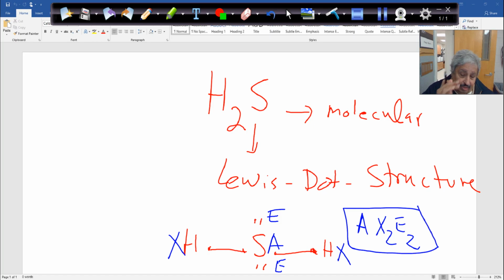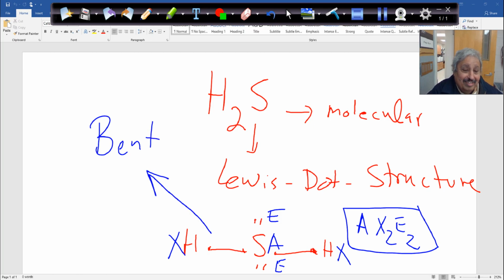So 2 X's, 2 terminals, and 2 lone pairs. What is the molecular shape of this? Did you look it up? No, really? Oh, that's good. That's excellent. I'm just checking. So, everybody knows how to do it, correct?